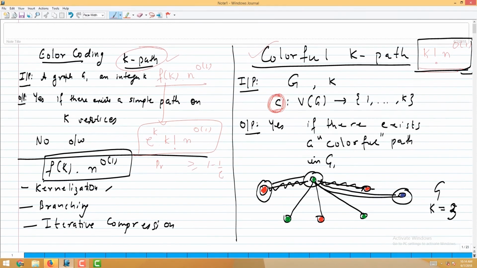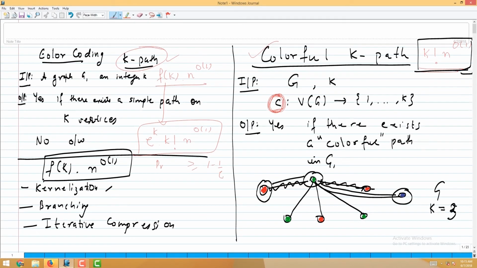Then you can reduce the problem of finding this k-size structure to the problem of finding a colorful k-structure. Here, instead of finding a k-path, we tried to find a colorful k-path, and it turns out that finding a colorful k-path was easier. It was not very difficult once we made some appropriate guesses.